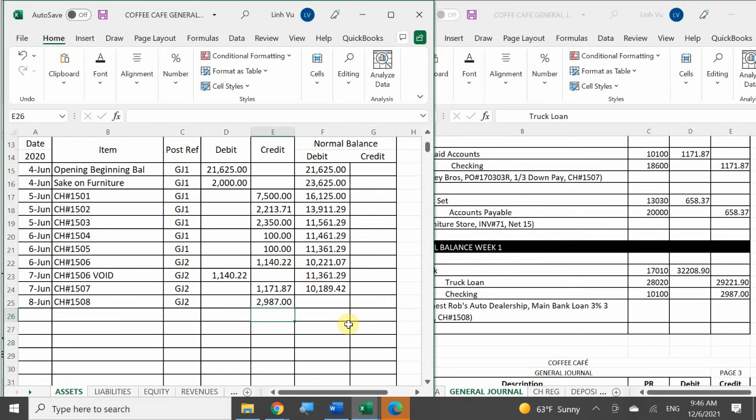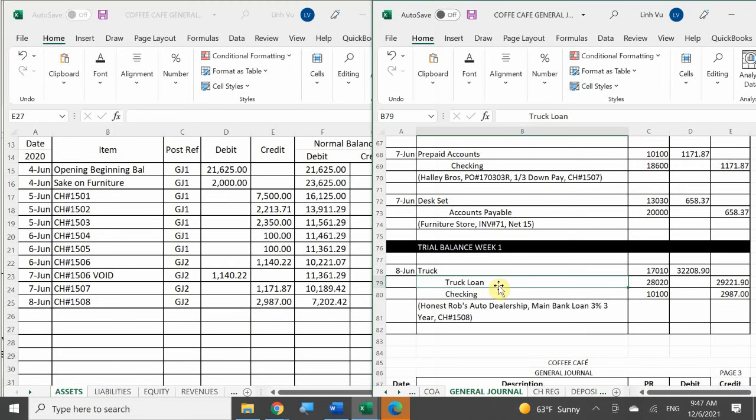What is my ending balance in my checking account? It comes up to $7,202.42. Good. So there we go. We did our journal. We did our ledger.